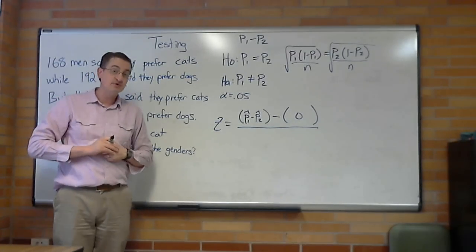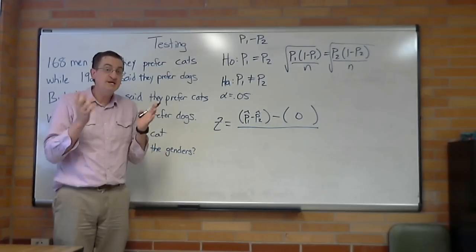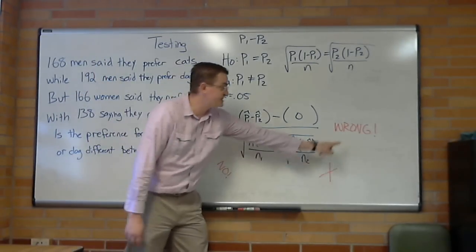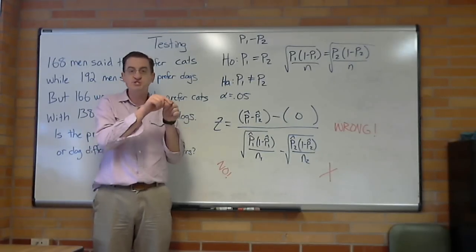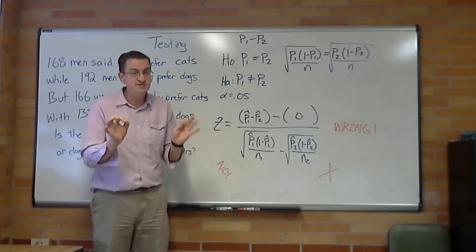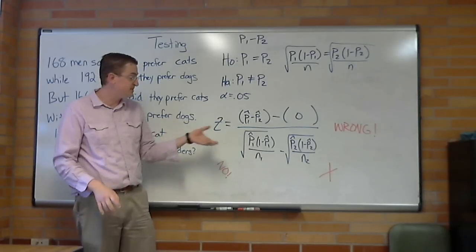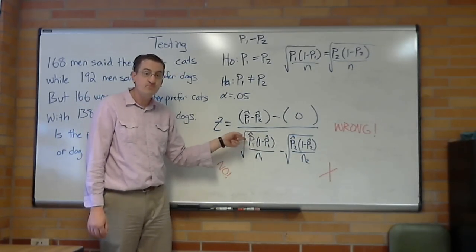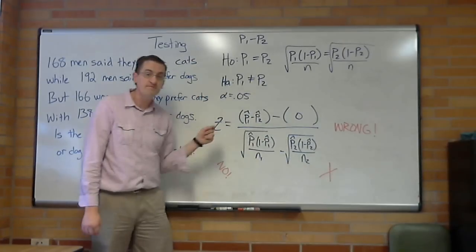What about the error? Well, your first gut instinct should be to do this. And notice the no, X, wrong, because there's going to be some student who's going to scroll forward on the video, find this, and say, oh, there's my equation. No, this is wrong. And there's several things wrong. But let's start with this idea. We have the standard error from one group and the standard error from the other group.